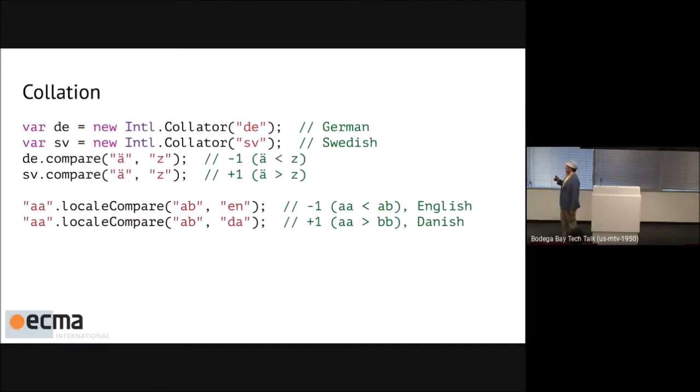So in order to be able to call the function without telling it the locale, you always have to pass the string that you need to compare to first. Then the second argument is going to be the locale, and the third parameter would be the options.